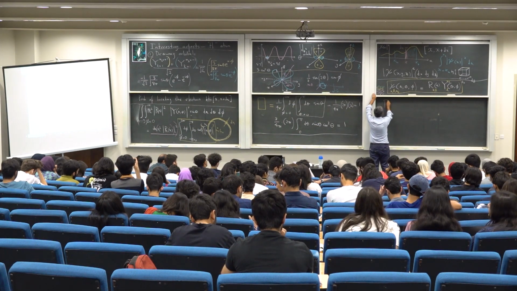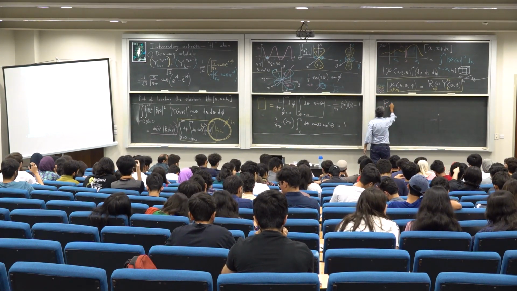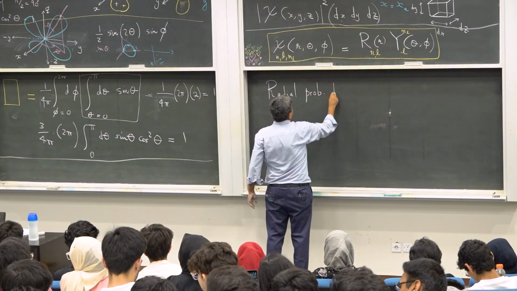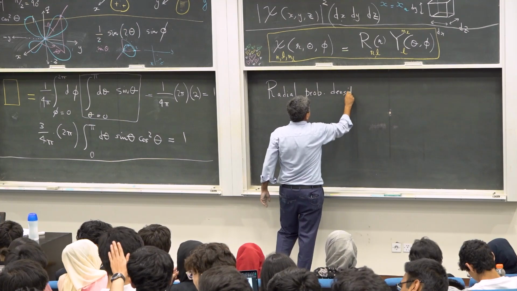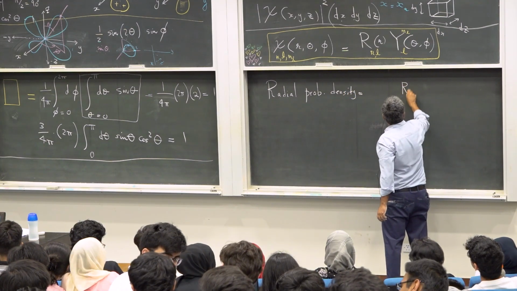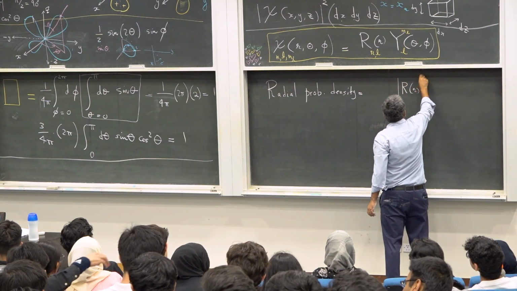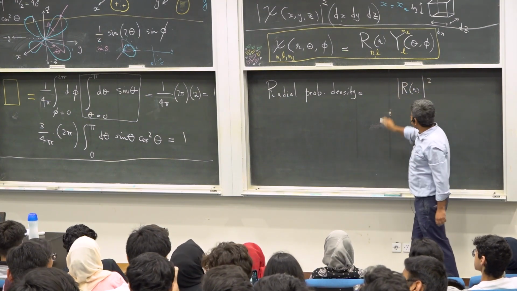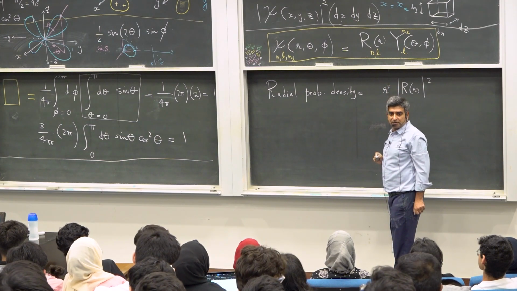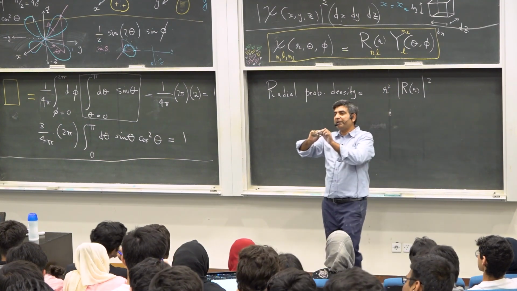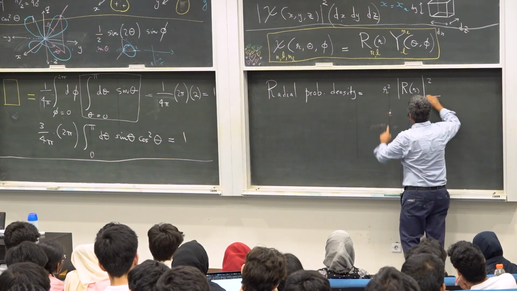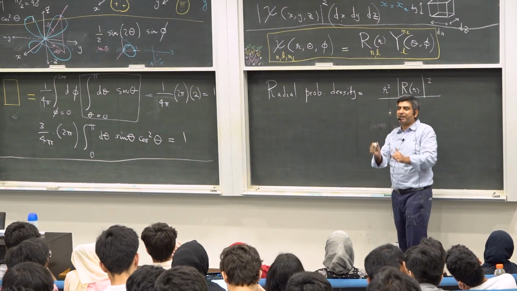The radial probability density is not just capital R squared, it's small r squared multiplied by capital R squared. And if you want to find the probability of locating the electron in a shell, I need to multiply this radial probability density with the thickness of that shell, which is dr.